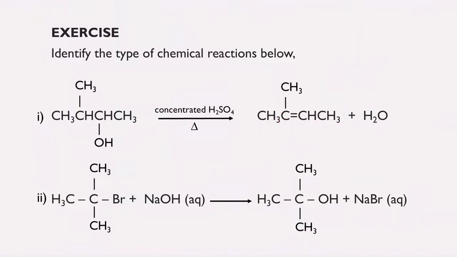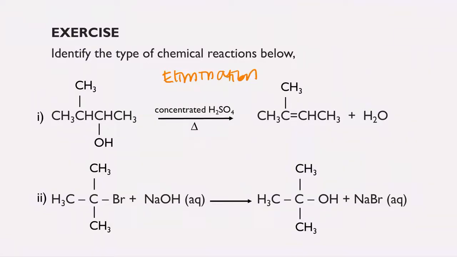Okay, so maksudnya awak tengok dari sini, awak ada saturated molecule. Lepas tu sekarang awak ada alkene. Okay, lepas tu awak ada water. That means since awak eliminate water, maksudnya this is an elimination reaction.